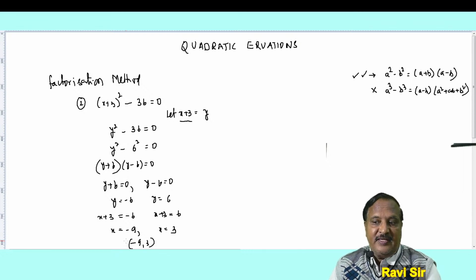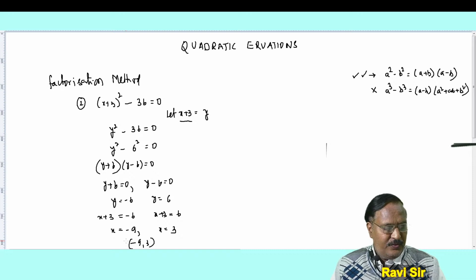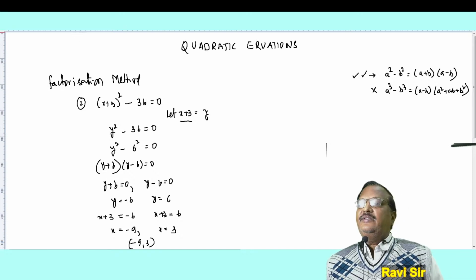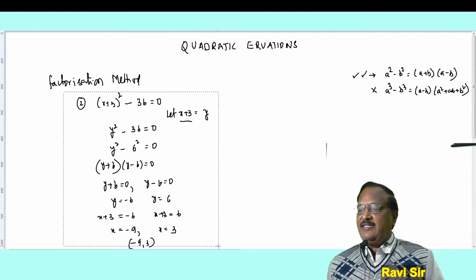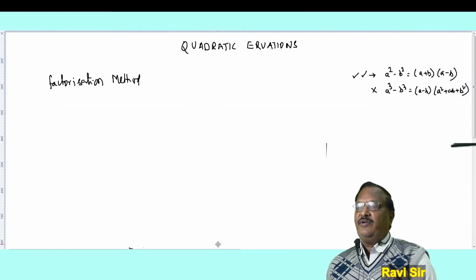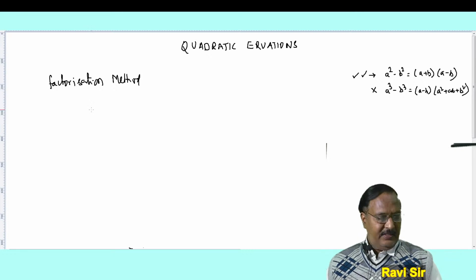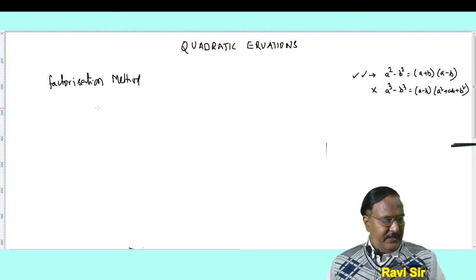So these are the nature of the roots. Okay, so this is also the same formula method, right? There is one more question, because these are the different problems of quadratic equations only. So one more question I will be giving you.